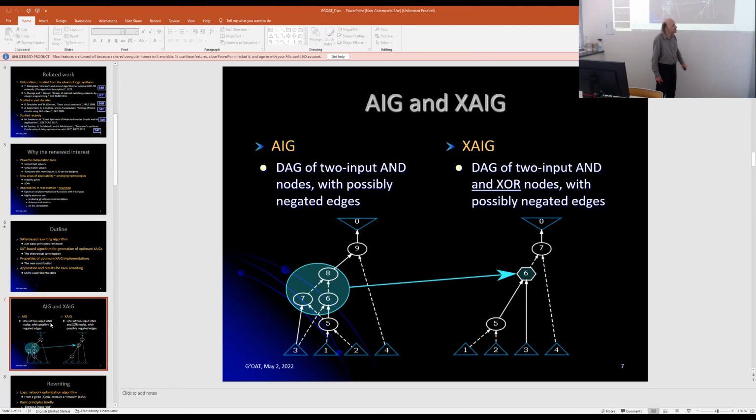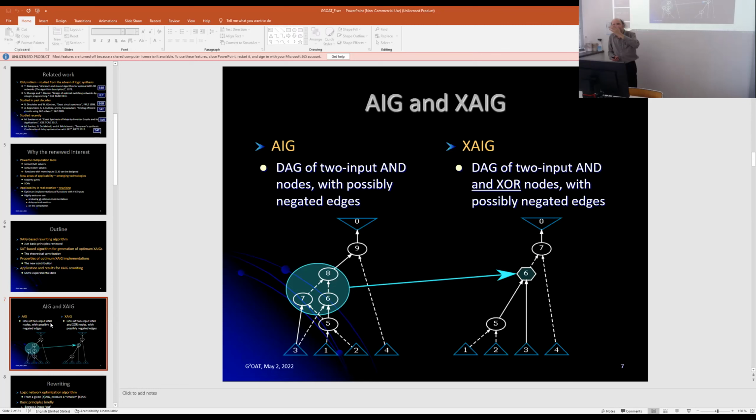And the principle of rewriting consists of taking a part of the AIG and substituting it with its optimum implementation. That's where using the optimum implementation makes sense. In this case, it's very simple. If you take a thorough look at the encircled circuit, you will find that it is an XOR gate.